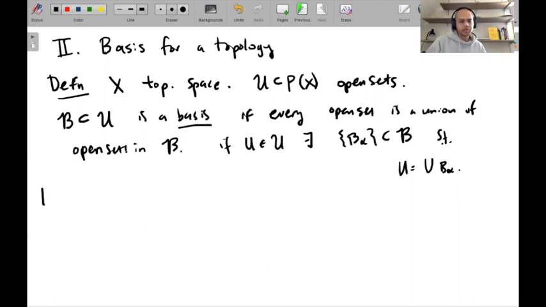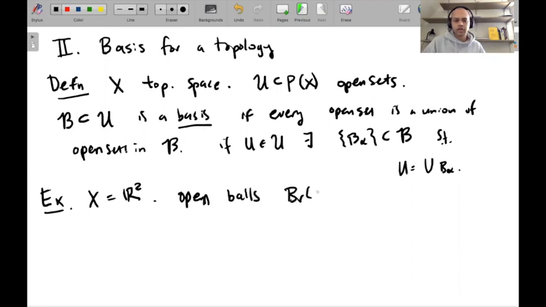So for example, if X is R squared with the standard topology, then the open balls of radius r around x form a basis.